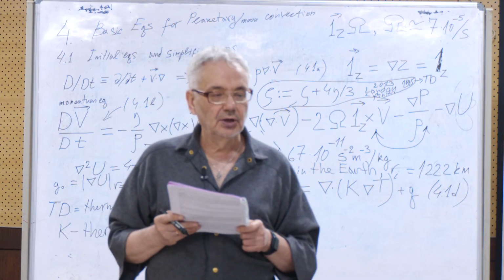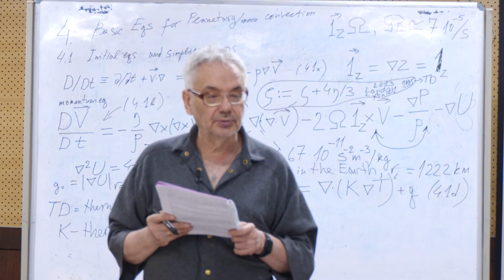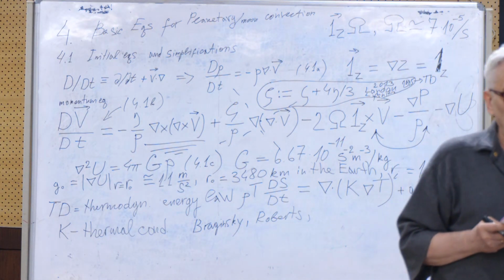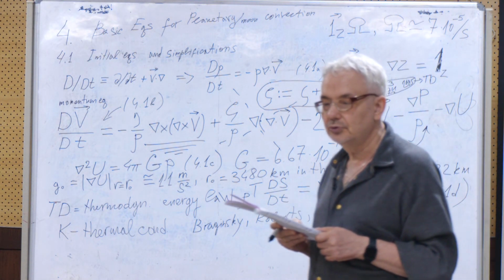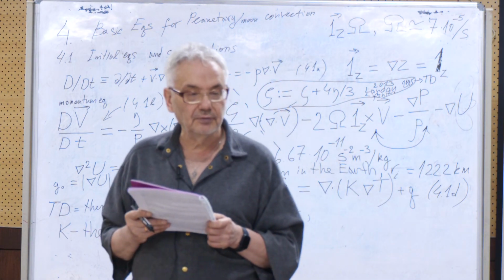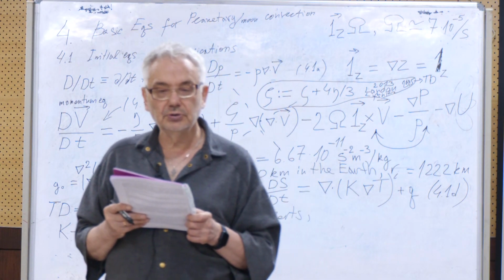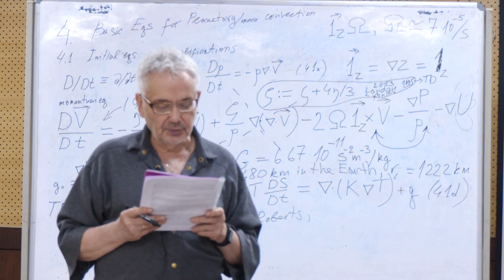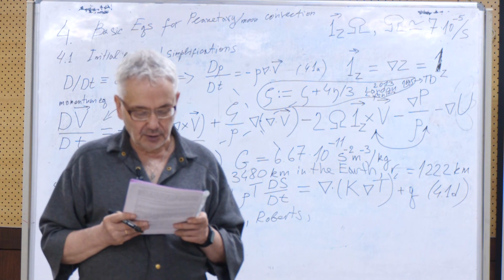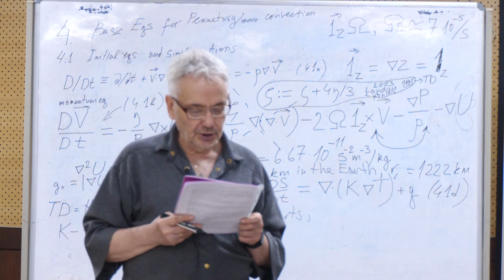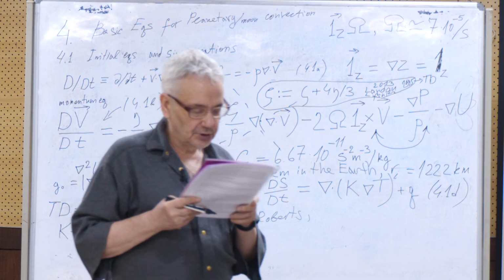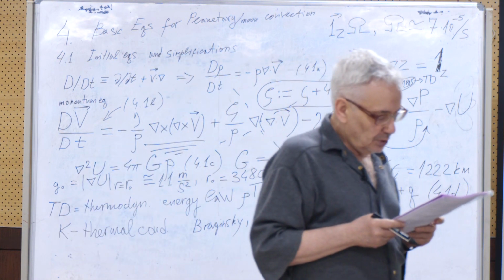It's actually tiny, 10 to minus 4 percent. So it's very accurate from one point of view and very convenient from another, since it gives much simpler equations than if we use pressure and temperature as the main thermodynamic variables. Much better to use entropy and the corresponding modified pressure.